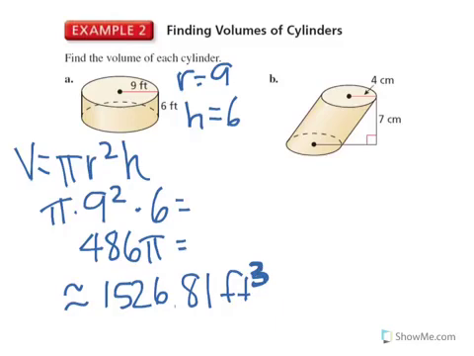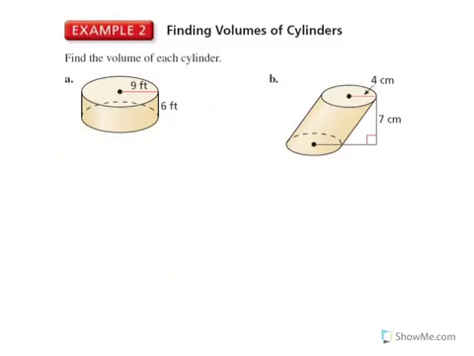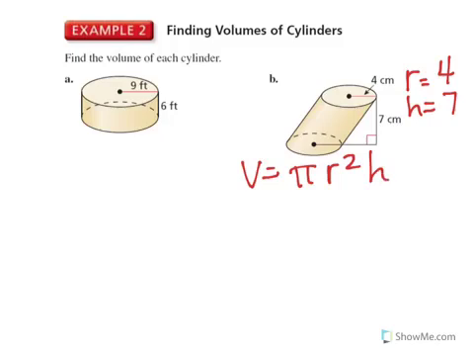Let's go try our next one. Our next one over here, we know our radius is 4 and our height is 7. So we plug it into our same formula. Volume is pi r squared times our height.